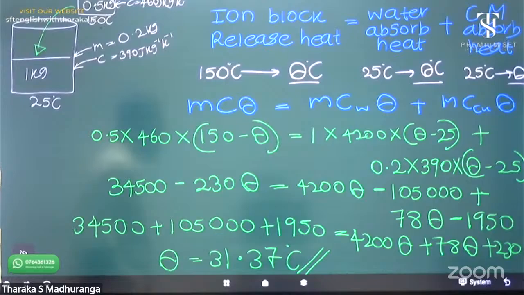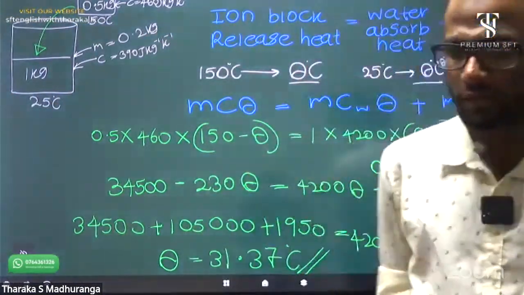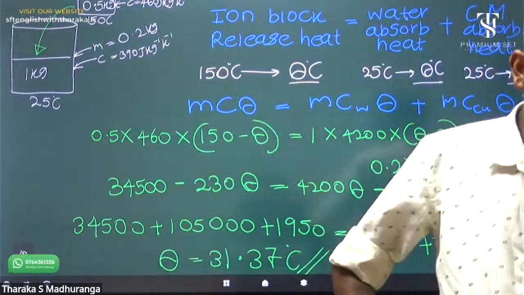Do we need to round it and write later? No problem. 31.37, rounded off to the second decimal point, that's enough.